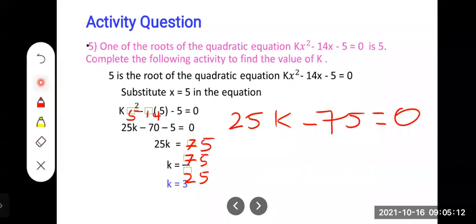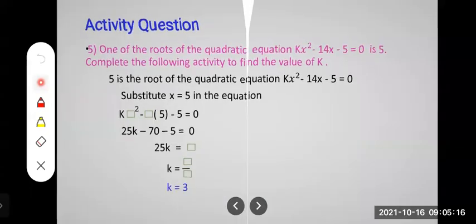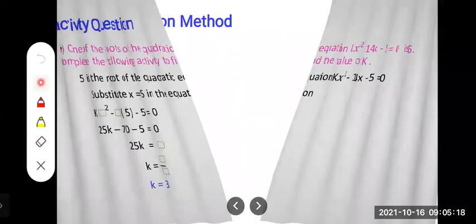Yes. Now we'll go to the next sum. Factorization method. Whenever we solve a quadratic equation, there are three methods. But here in this year, we are going to study only two methods.